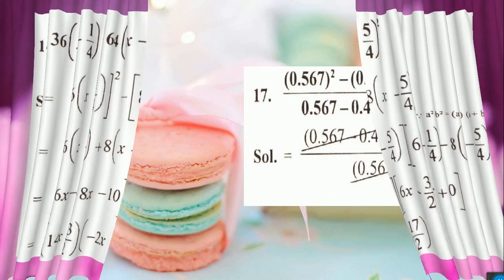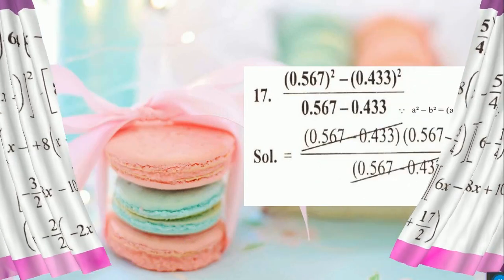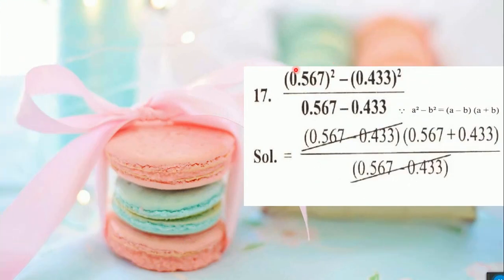Now look at this question number 17. Now there are some values in a numerator, also in a denominator, and these are the decimal numbers: 0.567 whole square minus 0.433 whole square.